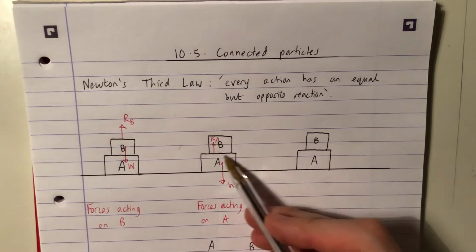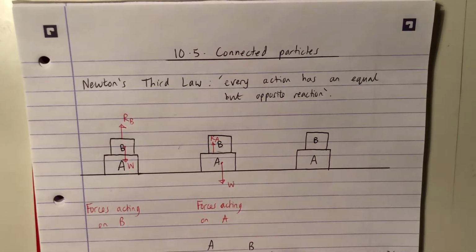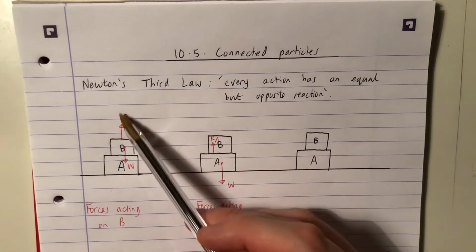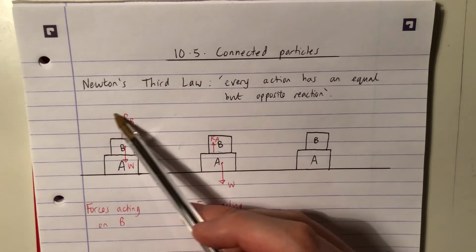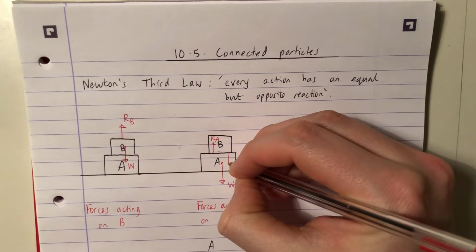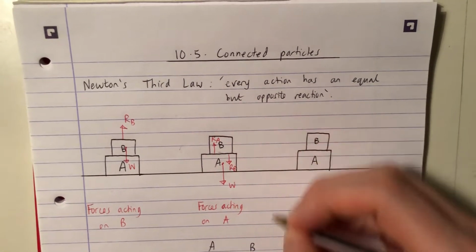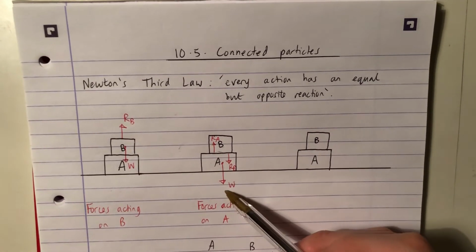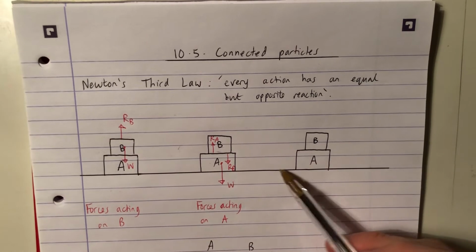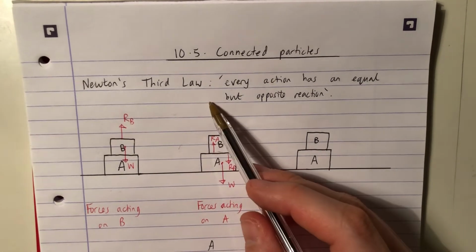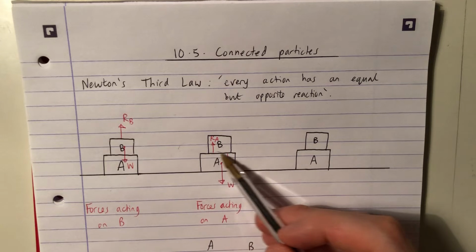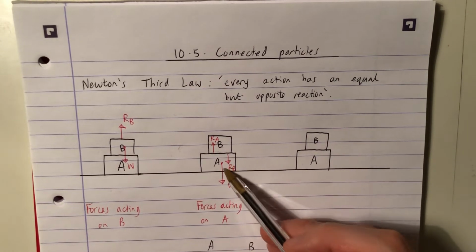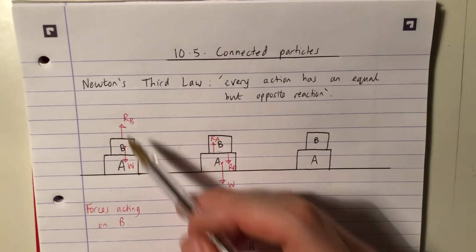But also it's in contact with B, so B will exert a force on it. And that force, by Newton's third law, will be equal to this one. So there'll be a force going down there, which is RB. So there's three forces acting on object A. Its weight, it's in contact with this surface, so a reaction force going that way. It's in contact with object B from above, so there's a reaction force going that way, and that reaction force going down balances with that reaction force going up.